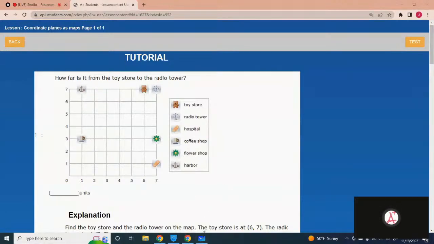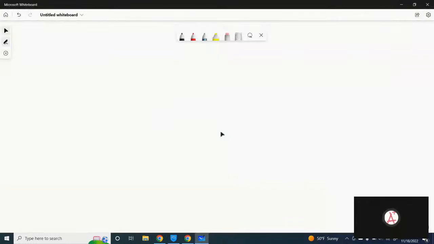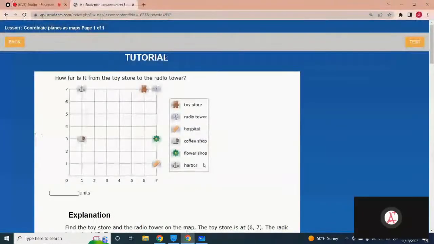So the toy store has the coordinates 6, 7. Let me write down the coordinates for the toy store. x is 6 and y is 7. Okay, now for the radio tower it is x is 7 and y is 7.